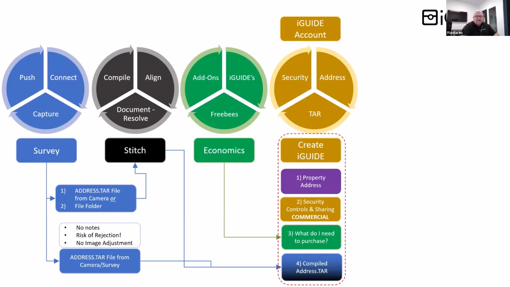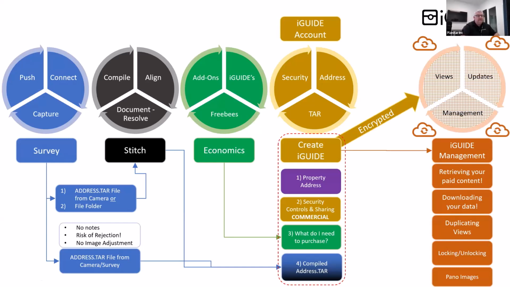Today's the culmination of that, where we're now going to be managing our iGUIDE, or looking at it from the backside. There are two sides of the iGUIDE, right? There is the presentation side, so that when you send this out to whoever you want to view it through, let's call it a web browser, it's like the presentation view.